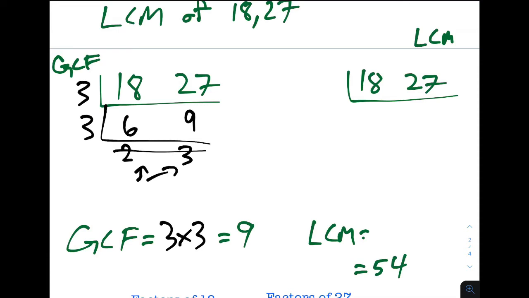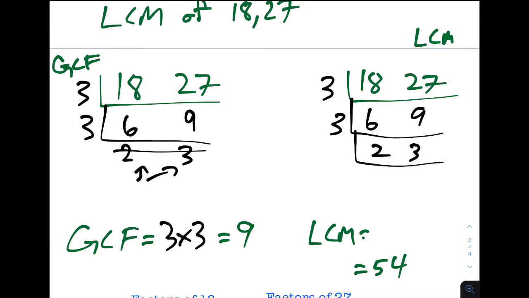For LCM, I would have just kept going, right? So I would have said, okay, by 3, I get my 6 and my 9. By 3, I get my 2 and my 3. I'm going to continue with the 3's here just so I can group them. I get 2 and 1. And by 2, 1 and 1. As soon as I'm all at 1's on the bottom, that's how I know I'm done for LCM.